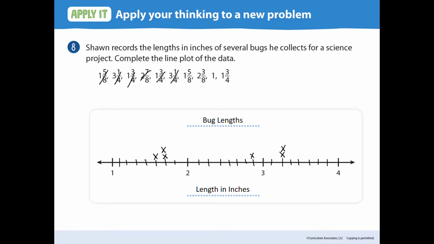So 1, 2, 3, 4, 5 is above this one. Seeing some clusters of lengths here. 2 and 3/8. So here, start at the 2, and then 1, 2, 3, and then just 1. That looks like an outlier. And then 1 and 6/8, I remember, is this one right here, because 8, 7, 6. All right, so your line plot should look just like my line plot.